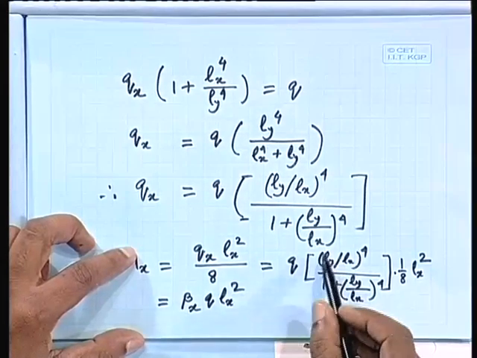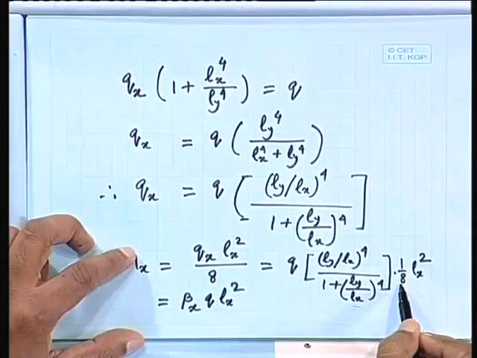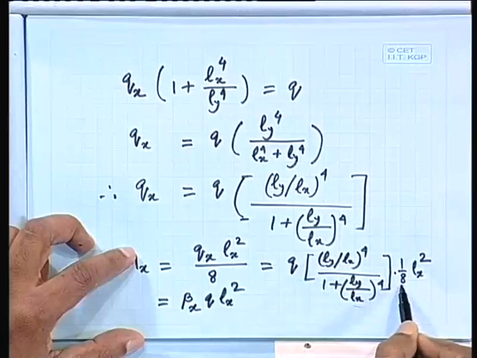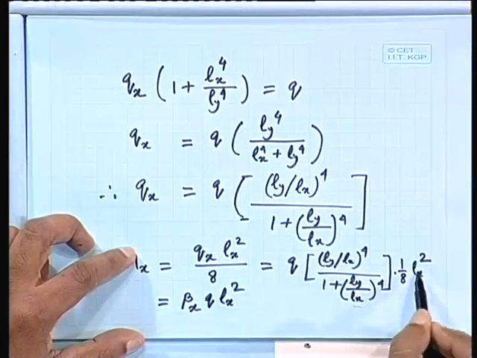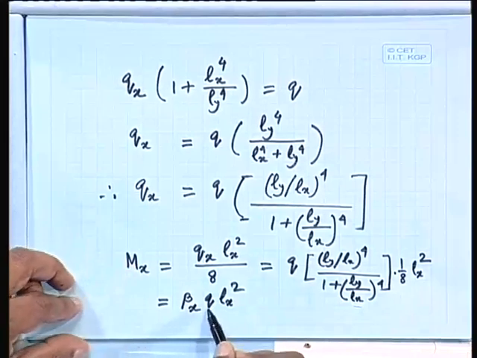Beta x takes care of the whole thing including 1 by 8. So Mx will be equal to beta x Q Lx square.